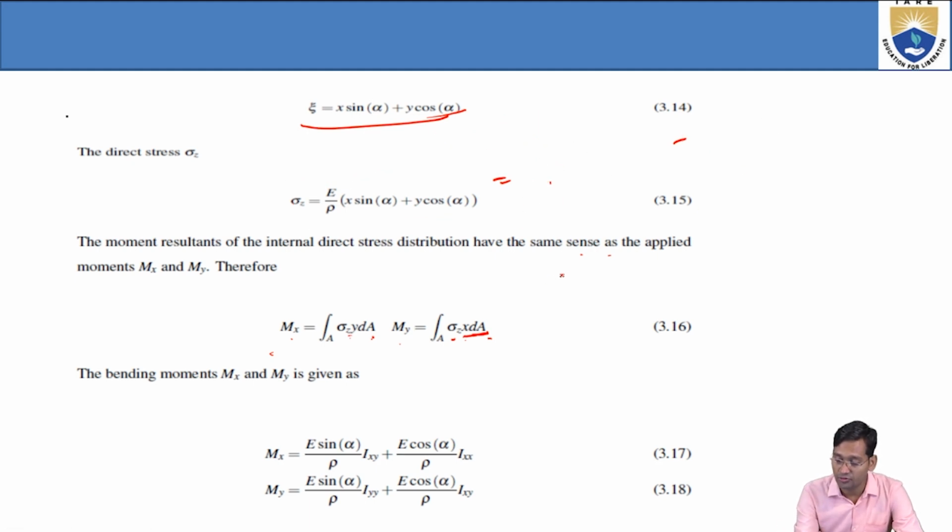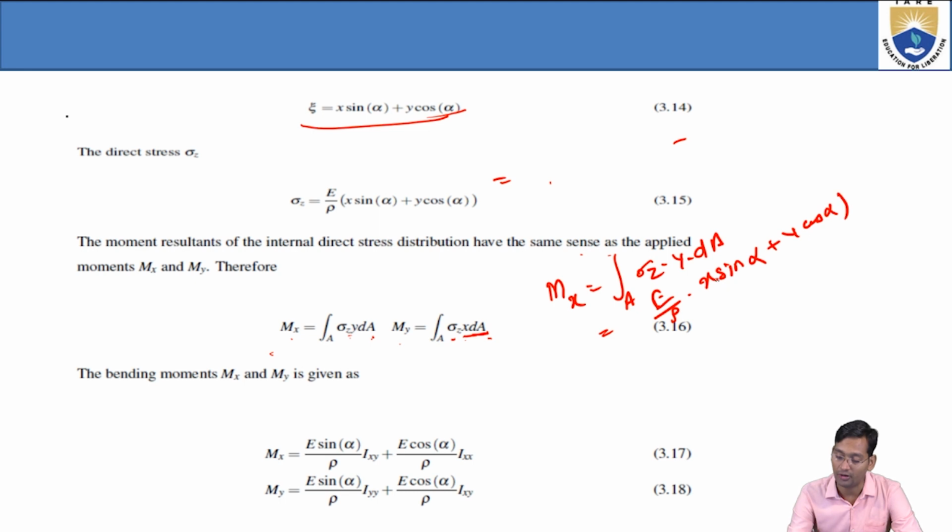So Mx equals the integral over area of sigma z y dA. What is sigma z here? E by rho into x sine alpha plus y cos alpha, into y dA. Now sine alpha is constant, cos alpha is constant.